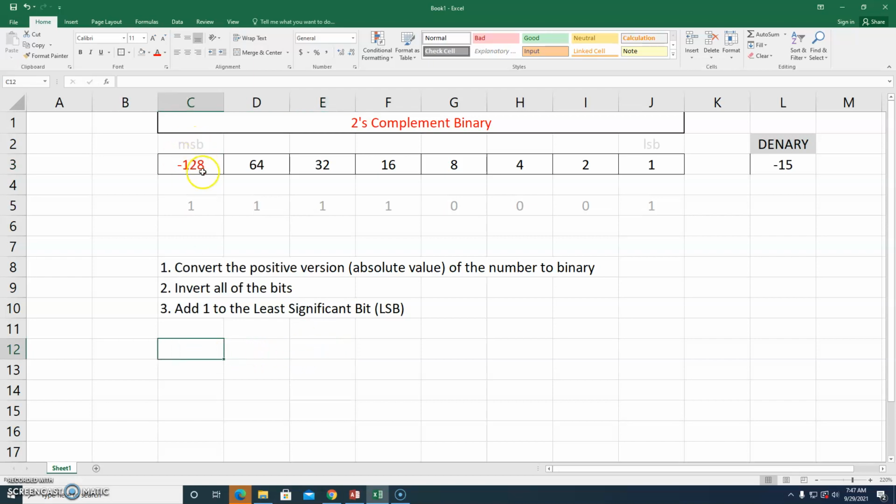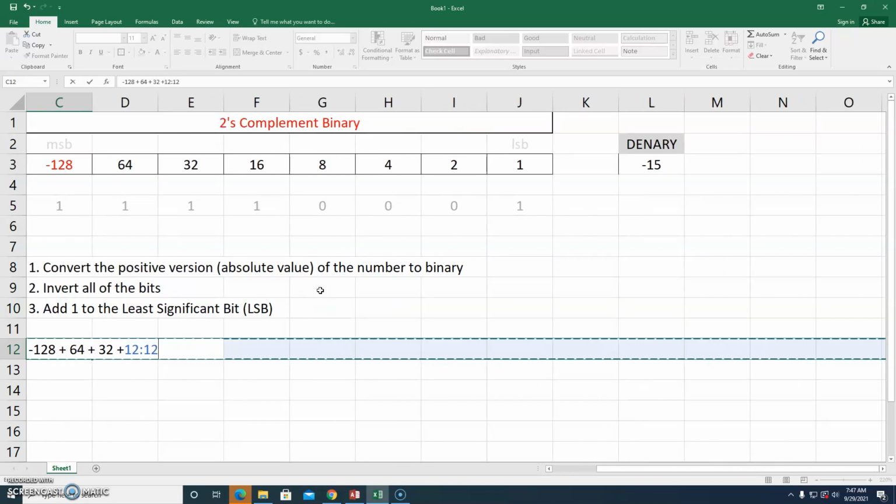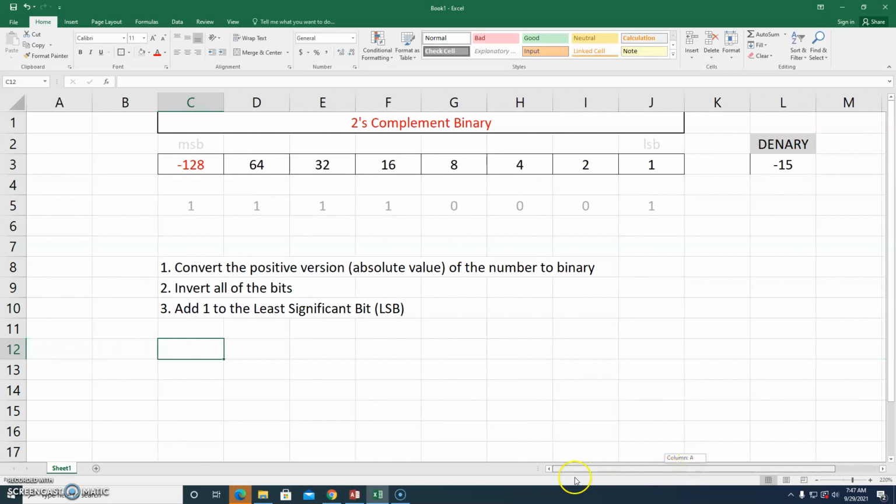So let's do the maths. Minus 128 plus 64, because we've got one of these, right? Let me try again, guys. This is important. Let's do it as an Excel function.